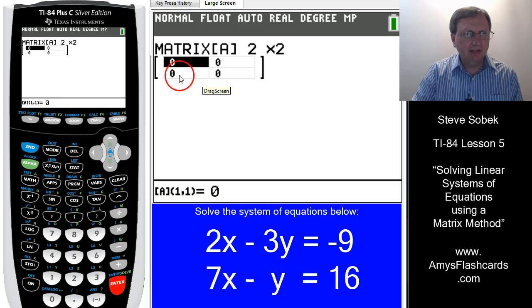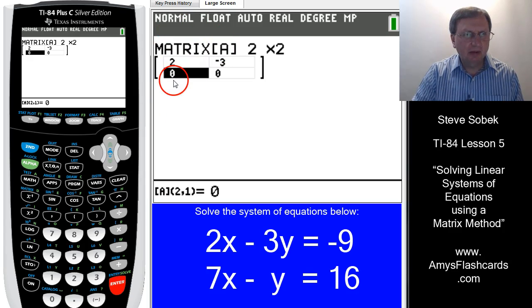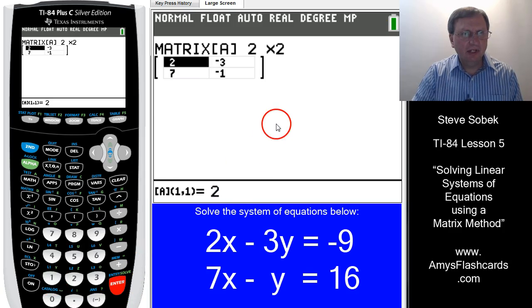Then we need to type in the correct values, which, for the first row, you recall, was 2, negative 3. So 2, enter, negative 3, enter. And right away it pops down to the second row, which would be the 7 and negative 1. 7, negative 1. And we're done defining matrix A.